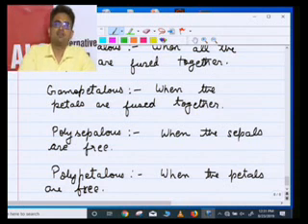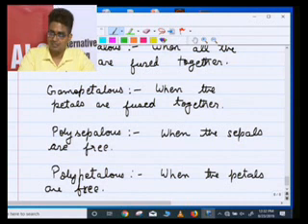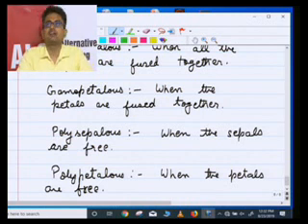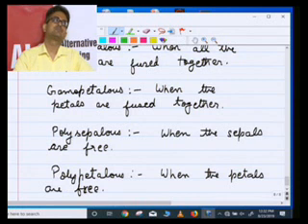Rose flower, polypetalous or gamopetalous? Nobody? Polypetalous or gamopetalous? Polypetalous, yeah, good. And have you seen a datura flower? Or have you seen tomato flower?